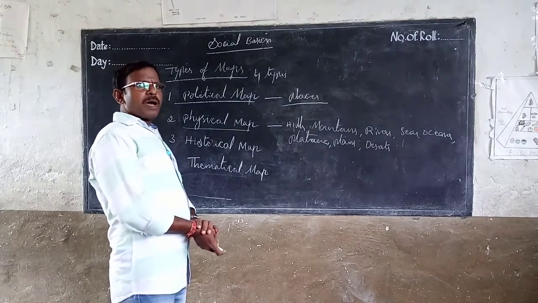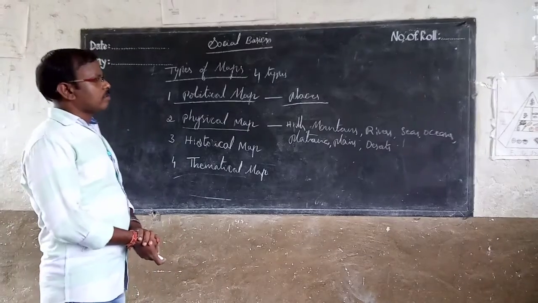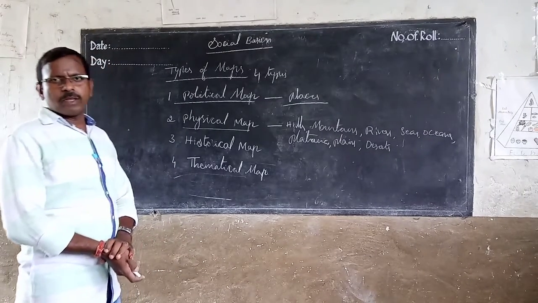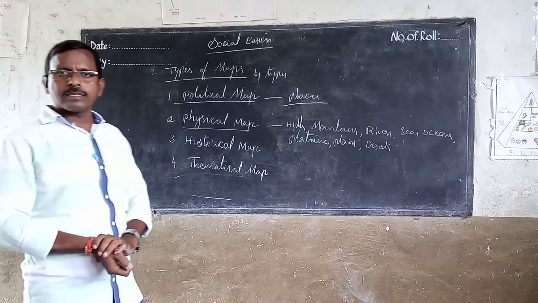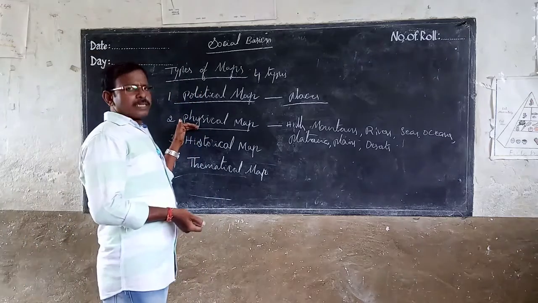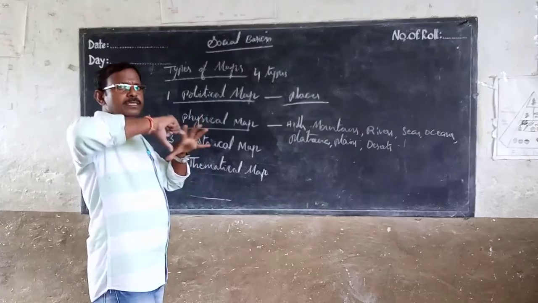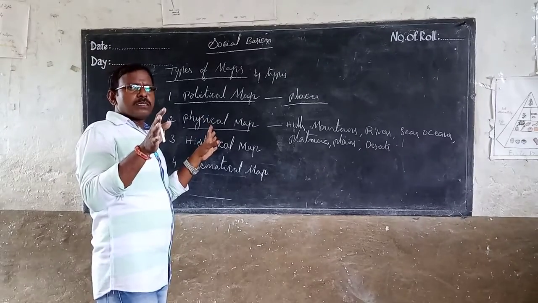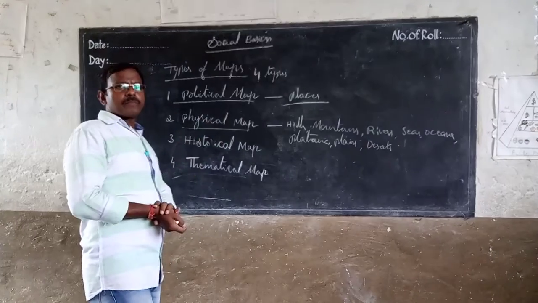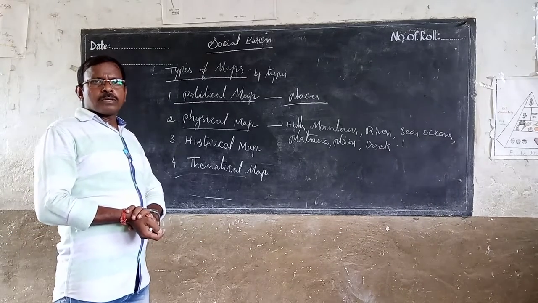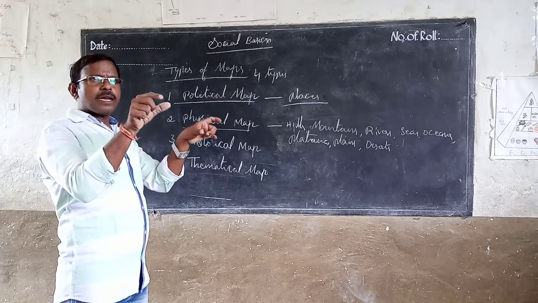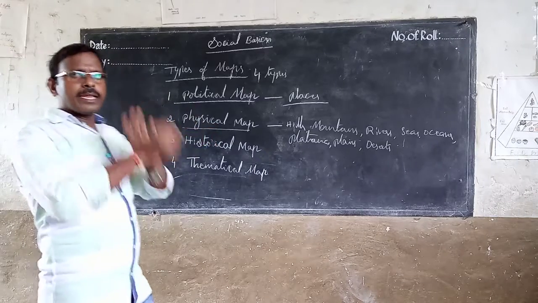In the physical map, to know the mountains, hills, and rivers, they will use colors. We have already discussed symbols in the last video. So here, colors. If it is a plain area, light green will be there. In the map, if there is light green, we can understand that it is a plain area.